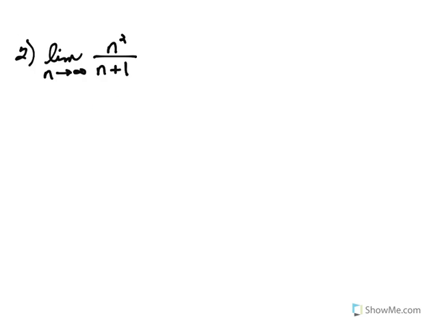So I thought I'd change it up and go with n's instead of x's. But same strategy. Since we're doing the limit as n approaches infinity, we're going to divide through by the largest power of the variable. So in this case, that's n squared. So everything gets divided by n squared.